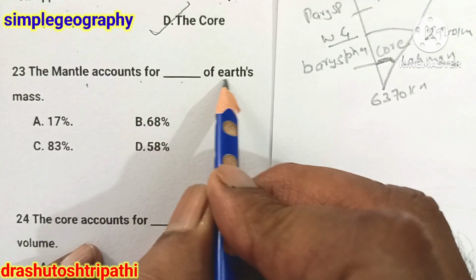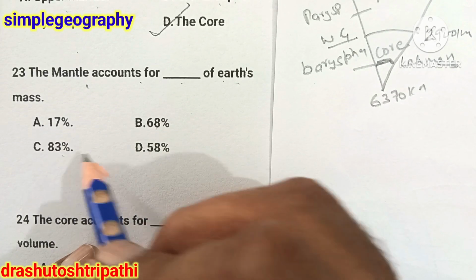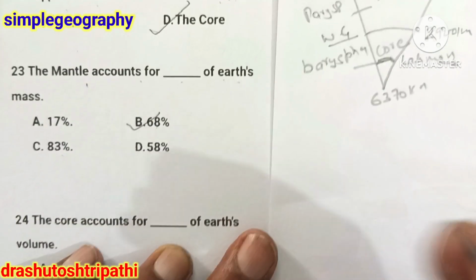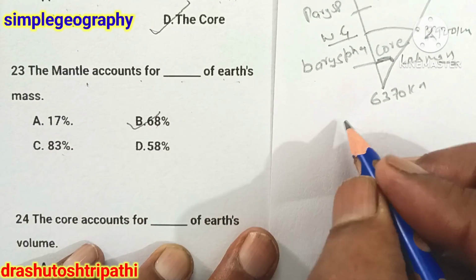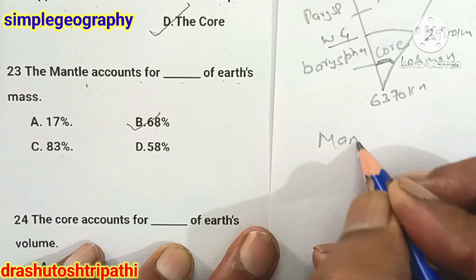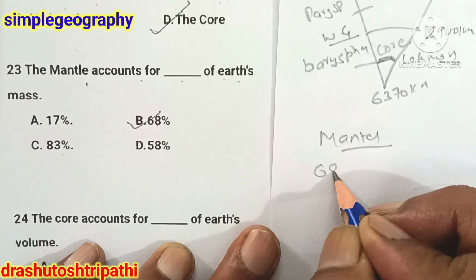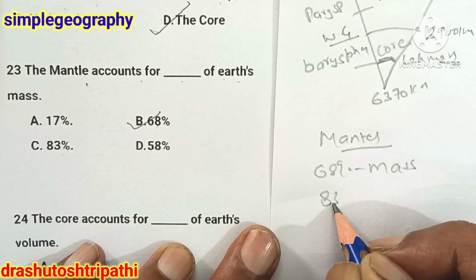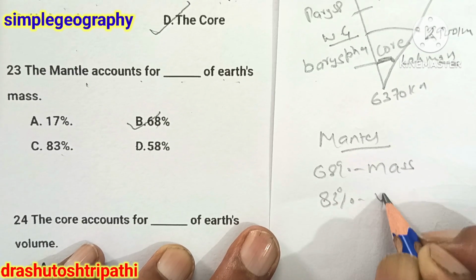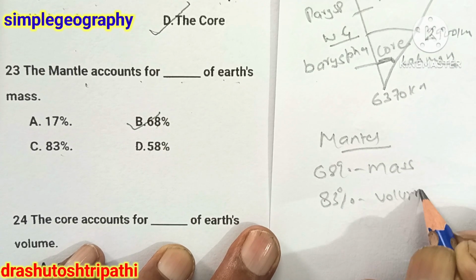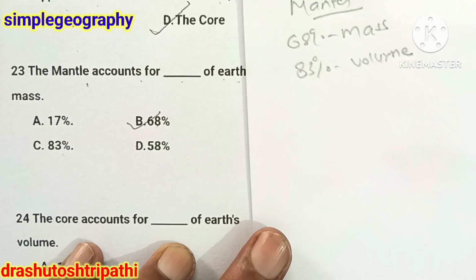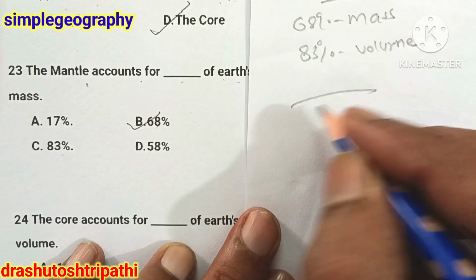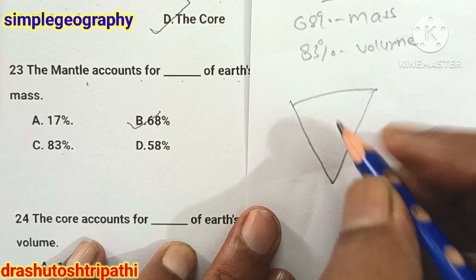The mantle constitutes 68% of the earth's mass and 83% of the earth's volume. The mantle is the inner part of the earth, the second layer after the crust.